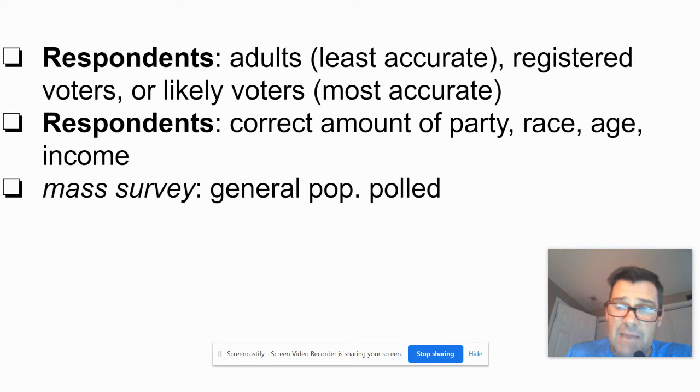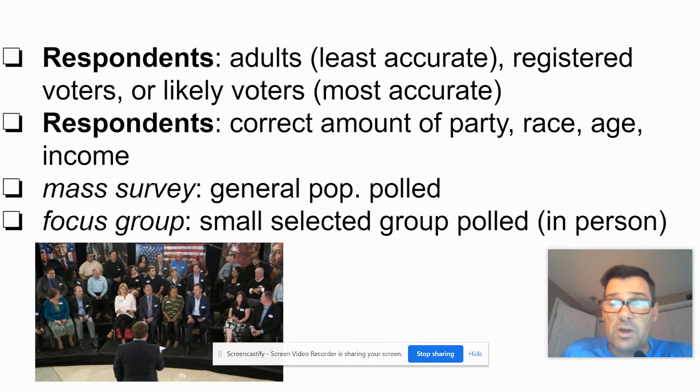But there is one type of polling that's a little more specific, and it can be useful, especially to a political candidate. That's called a focus group. You have a small selected group polled, usually independent or undecided voters, and you bring them in front of a person who's running the focus group, and you ask them questions to gauge their opinion.